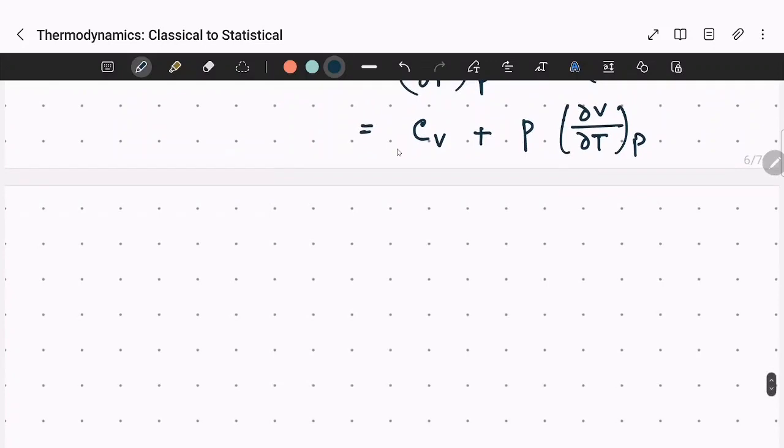Okay, so now what we can write, Cp minus Cv.